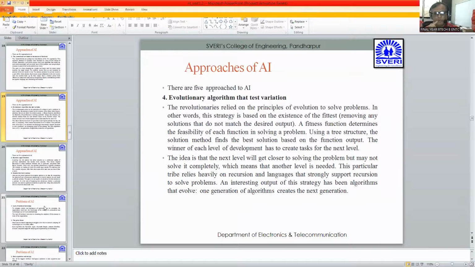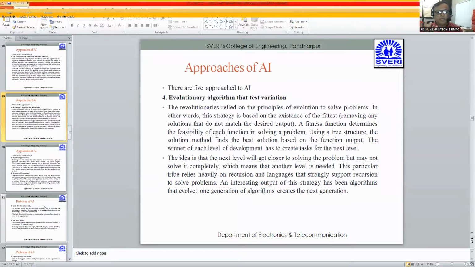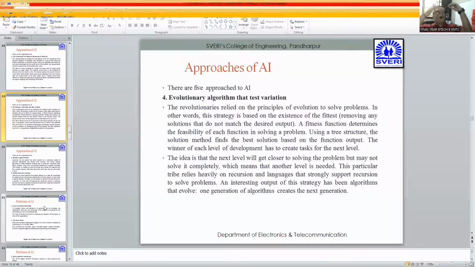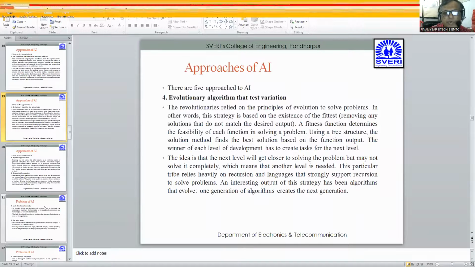It reaches the output. So the same thing happens here also. So this is how it goes on, and hence it is called evolution, because you're evolving and coming up with new solutions.